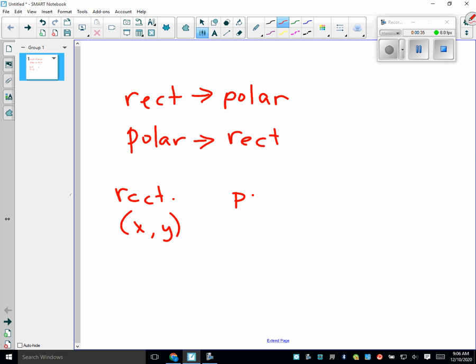Polar points are the new ones we did yesterday, which, do you remember, was r, theta? Okay? So, first of all, we are going to go from polar to rectangular.